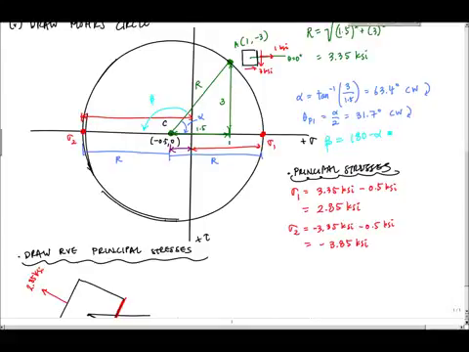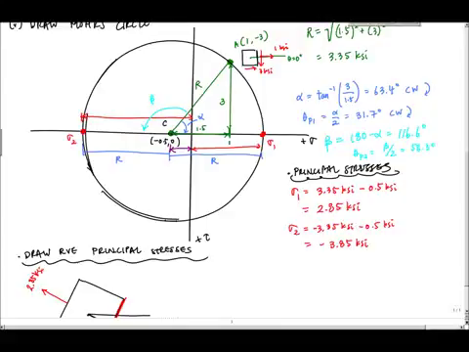I have to calculate that: it's 180 minus 63.4, which is 116.6 degrees. Beta divided by 2, the angle theta P2 in real life, is 58.3 degrees.